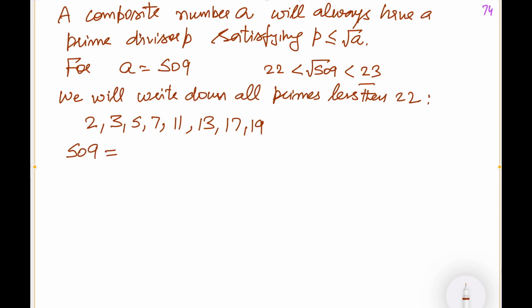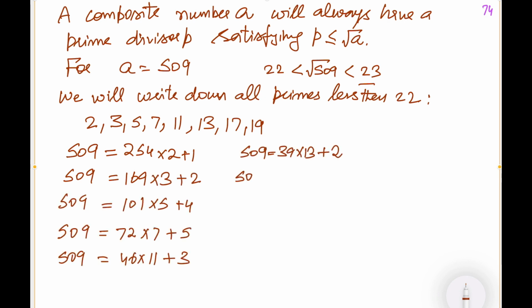Now let's check whether any of these numbers divides 509. When we divide 509 by 2, we get 254 quotient and 1 remainder. 509 divided by 3, we get 169 quotient, 2 remainder. When we divide 509 by 17, we get 29 quotient and 16 remainder.